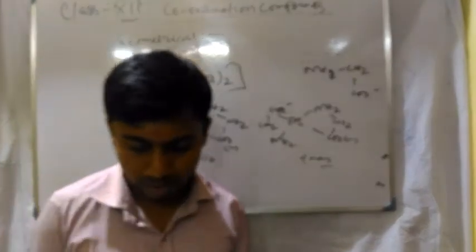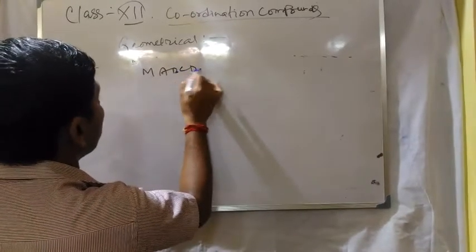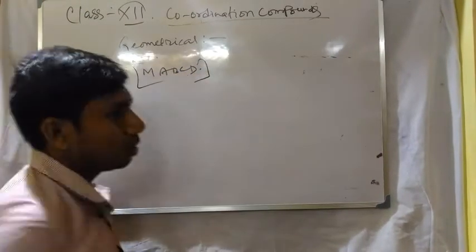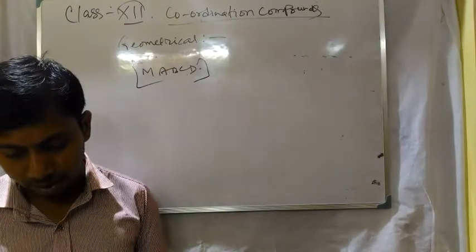Another example is the MABCD type. So here, from the general formula, we can tell that all the ligands are different.